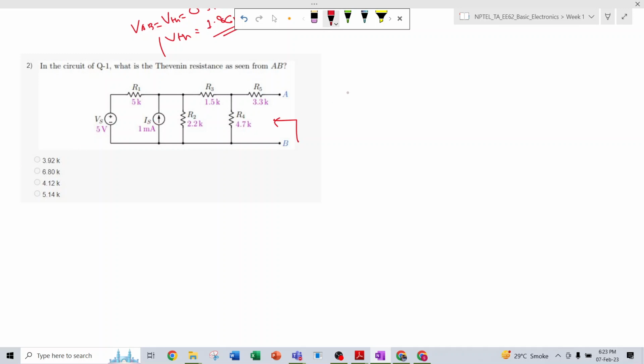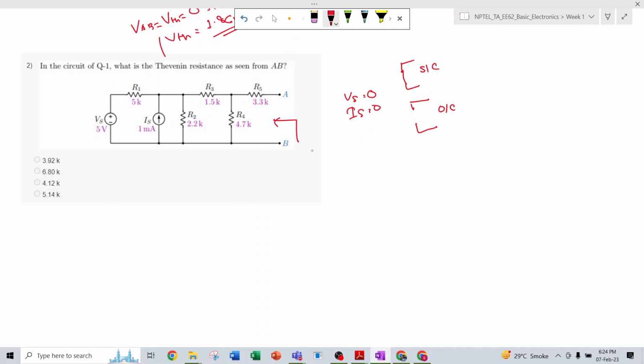Deactivate means you make the voltage source 0 and the current source also 0. Voltage source 0 means there should not be any voltage, so it appears as a short circuit, and current source 0 means there will be no flow of current, so it can be written as an open circuit. So this is open circuit and this is the short circuit.